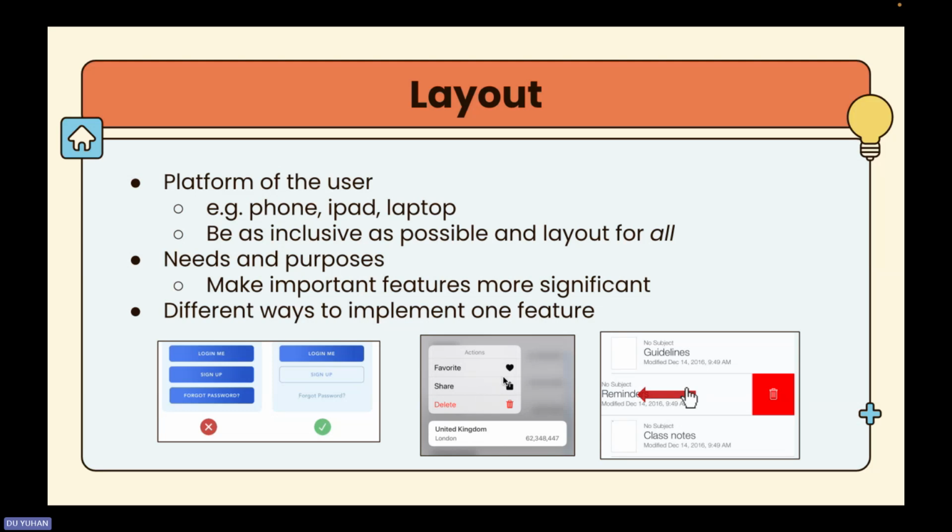There's also another way to implement the delete feature, which is over here: you can swipe on a list item in order to unveil some other button. These are very neat little ways for you to hide functionality, even common functionality like deleting, such that they don't need to take up space immediately on your user screen and can instead be displayed reactively to a particular gesture that the user does. So the point is just to Google how to implement any feature and see if there are other ways that might help you save space.